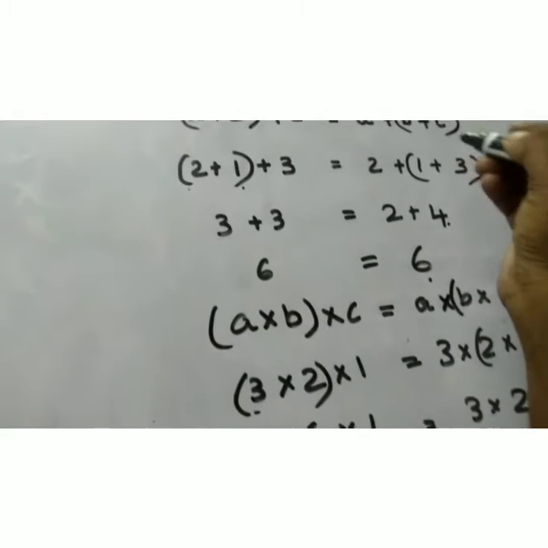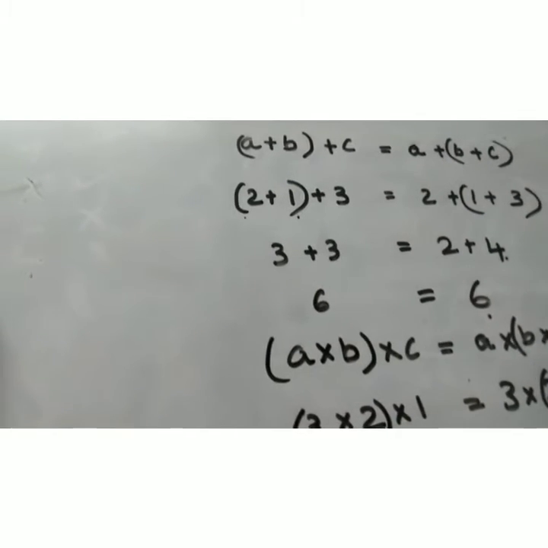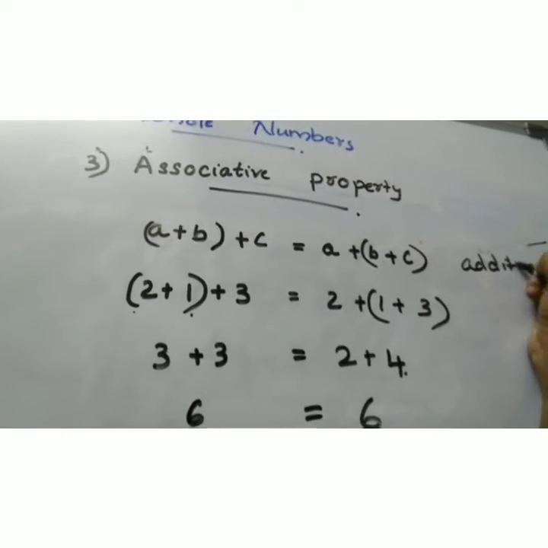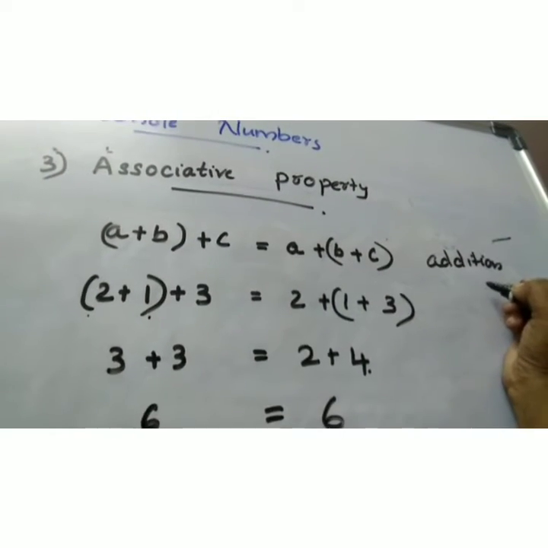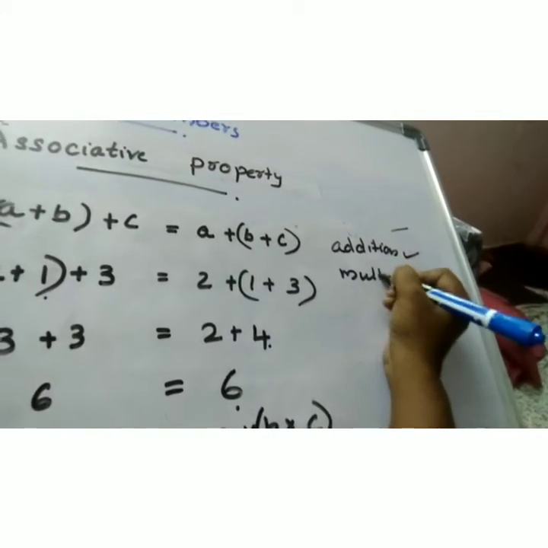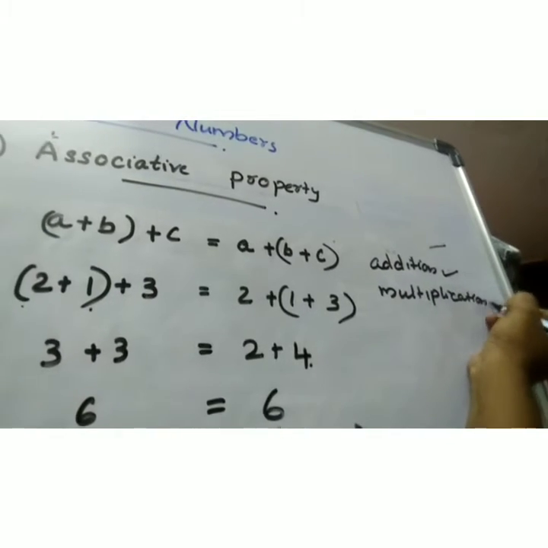That's why we can say that the associative property is closed under addition and multiplication. Okay.